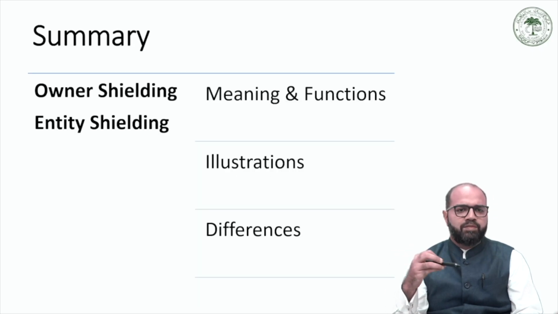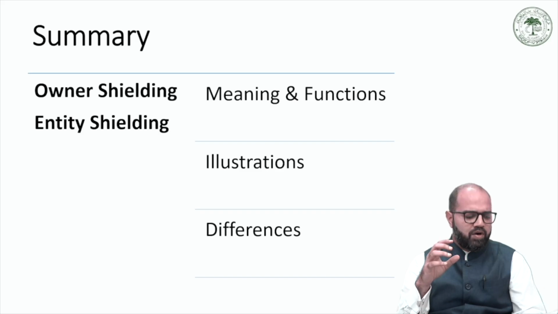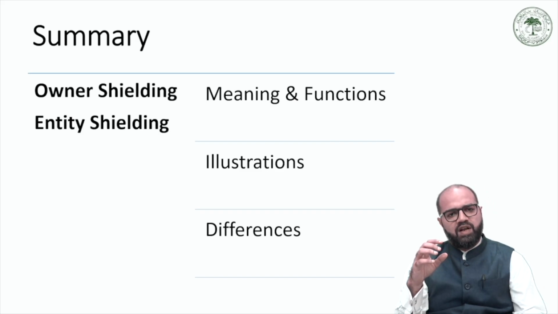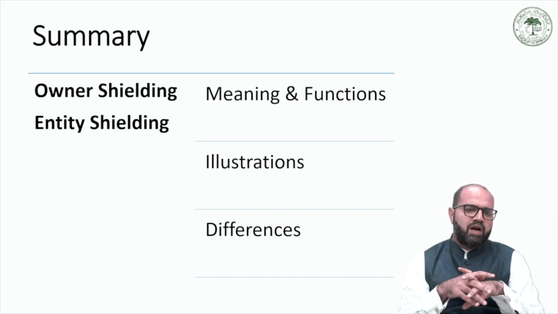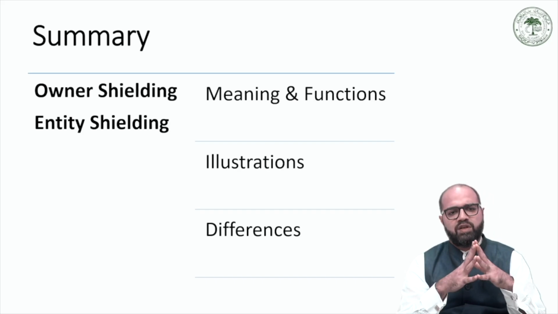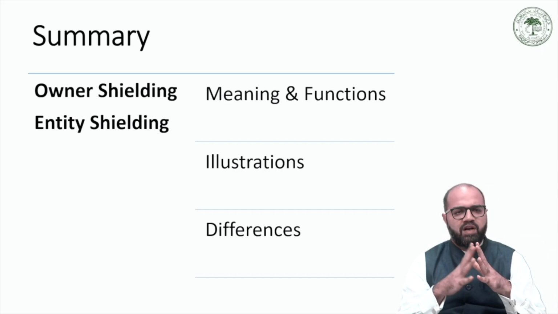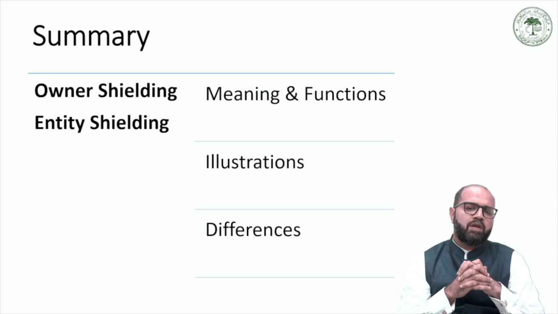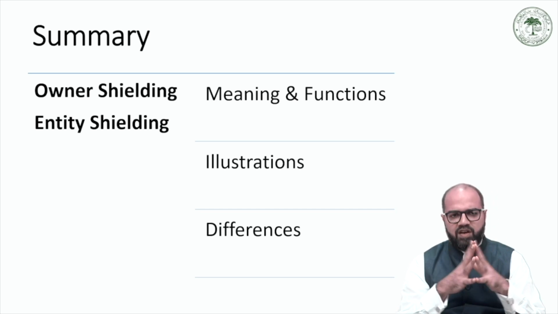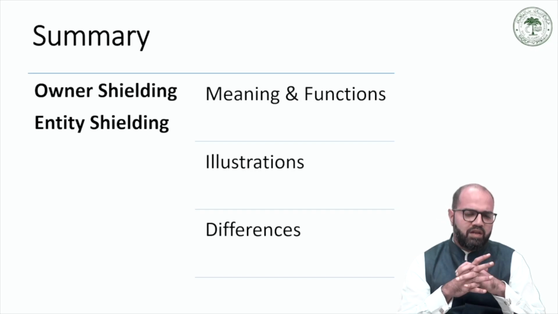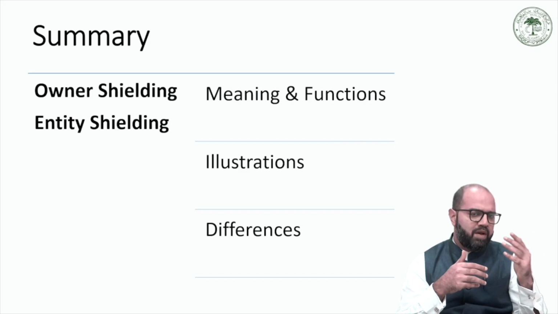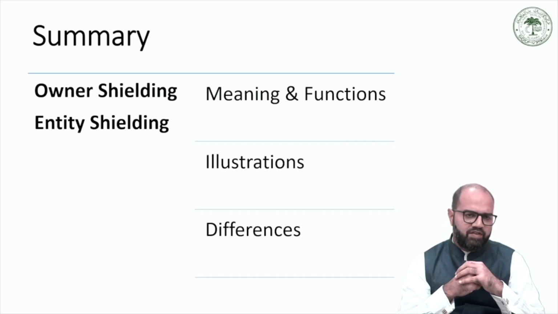So with this, we come to the conclusion of two very important theories of owner shielding and entity shielding. We've had an opportunity to look at the meaning of these two theories, the protective functions which they perform for shareholders and the company, the various illustrations and scenarios in which these theories apply, and lastly, the contrast between these two theories on many indicators of differences.